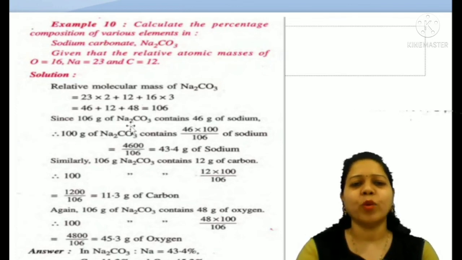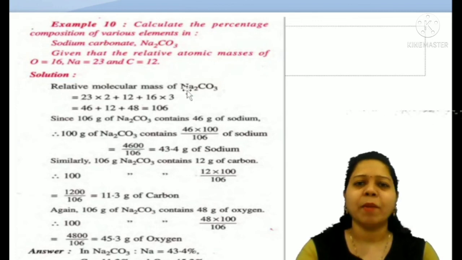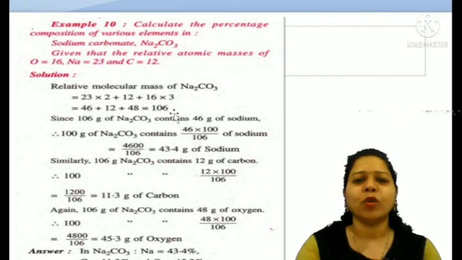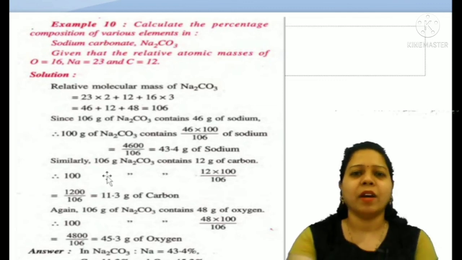Since 106 gram of sodium carbonate contains 46 gram of sodium, now we know that the mass of sodium is 46 and the mass of the whole compound is 106. That's why now we are calculating the percentage of sodium in that compound. That is 46 upon 106 into 100, and we get 43.4%. Similarly, now we want to calculate the percentage of carbon here.